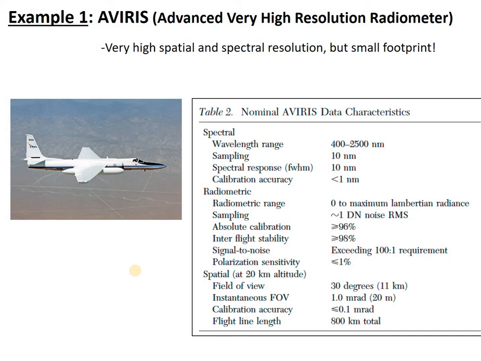So the same number of photo sites on a detector chip will correspond to much smaller pixel sizes on the ground, as we talked about in the previous video. So for AVIRIS in particular, its instantaneous field of view is about 20 meters, so it generates a roughly 20-meter pixel size. And by scanning back and forth, its total field of view is about 11 kilometers. So it produces relatively high resolution data, high spatial resolution, and spectral.